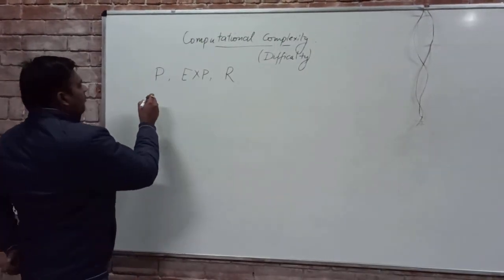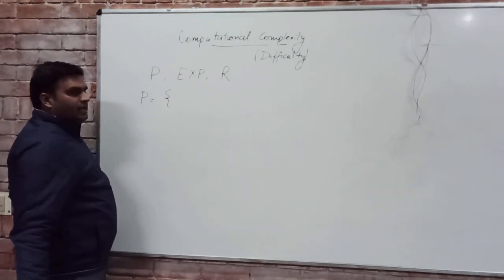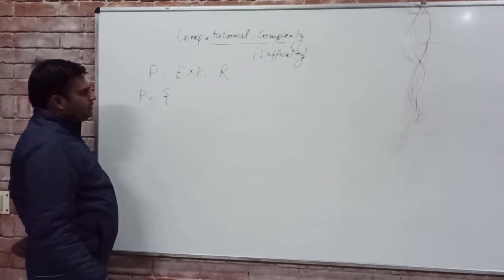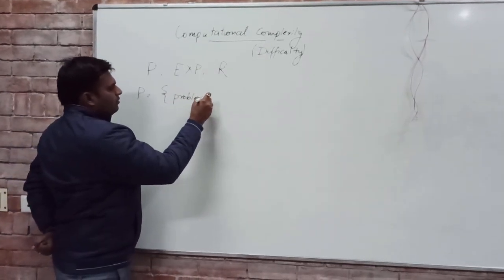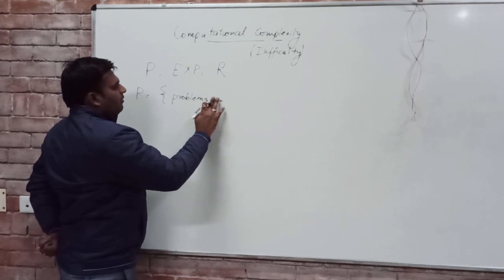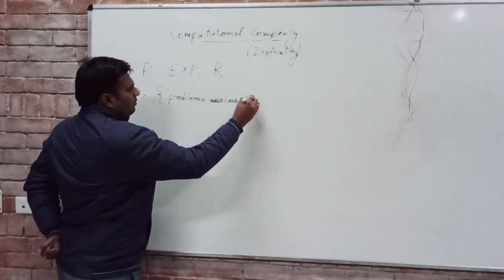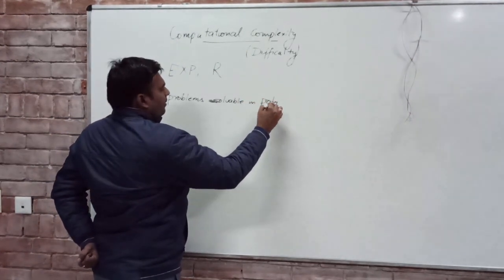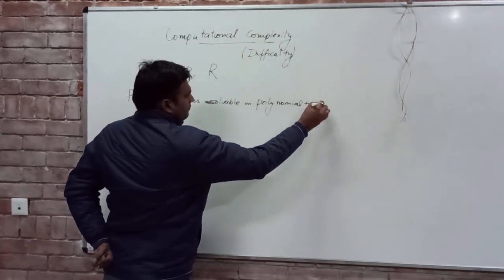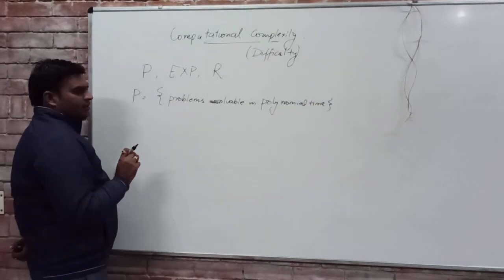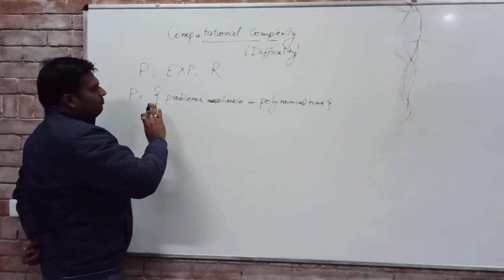What is the meaning of P class problems? P class problems means the problems solvable in polynomial time. The problems which are solvable in polynomial time are P class problems.